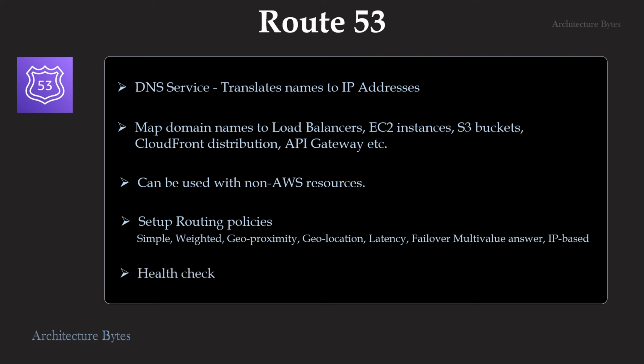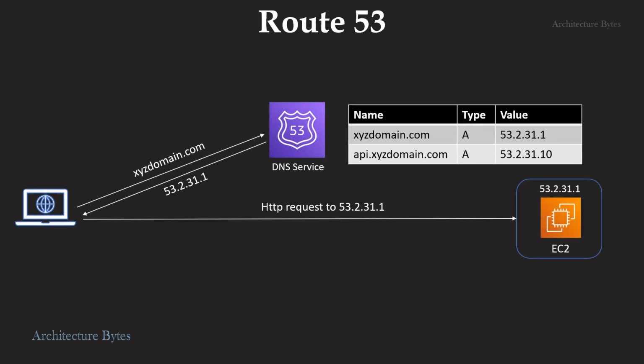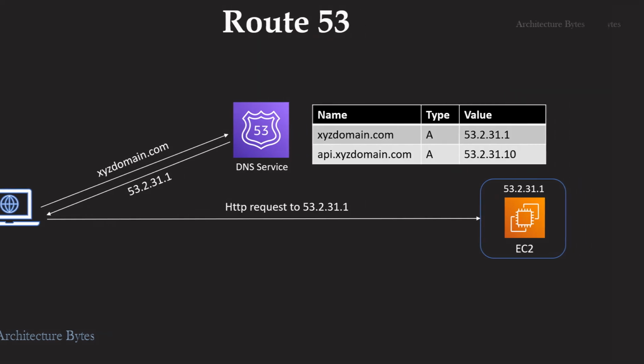There is support for health checks as well. If an application endpoint is no longer healthy, traffic can be directed to another healthy application endpoint. So Route 53 serves as a basic DNS service and it provides additional functionality.